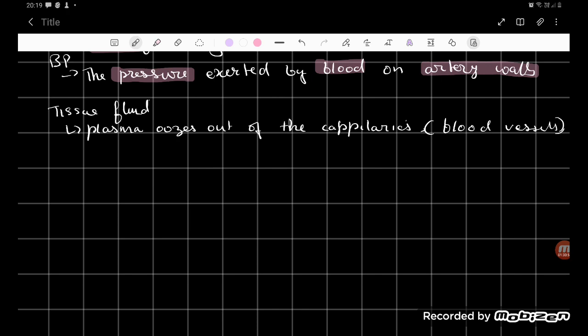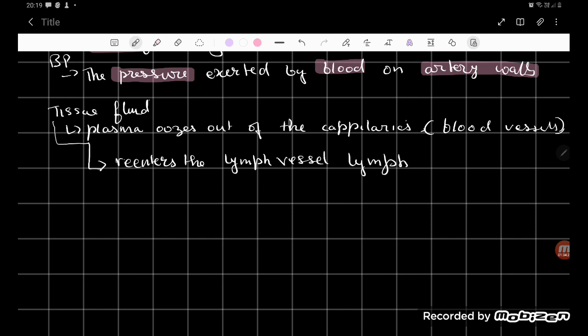Lymph. So when this same tissue fluid re-enters the lymph channel or lymph vessel, it is called lymph.